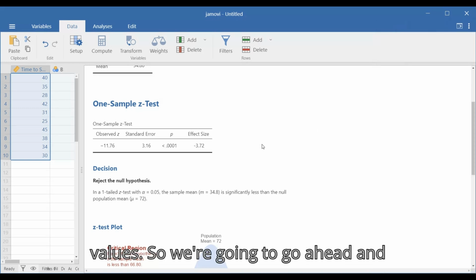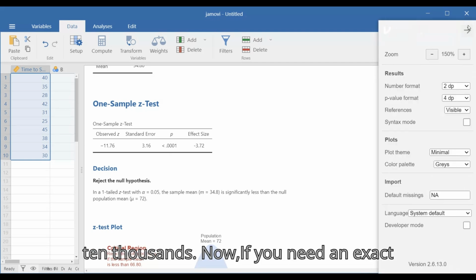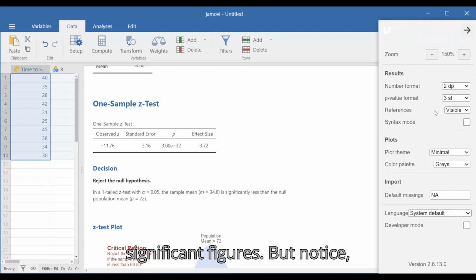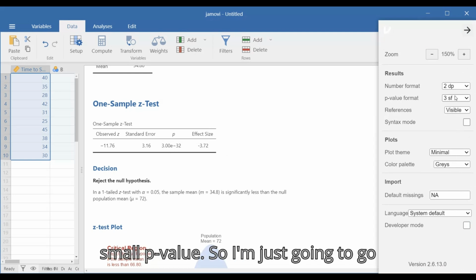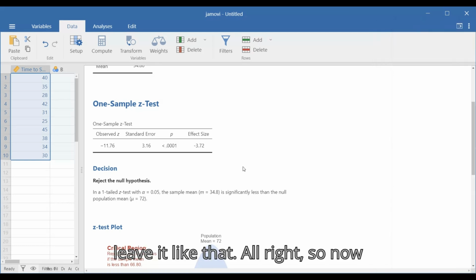So we're going to leave that as 4 decimal places. If you need an exact value, you could do 3 significant figures, but notice that's a really, really small p-value. So I'm just going to go back to 4 decimal places and leave it like that.